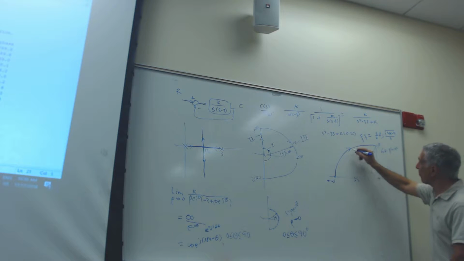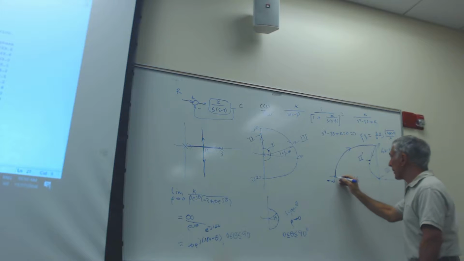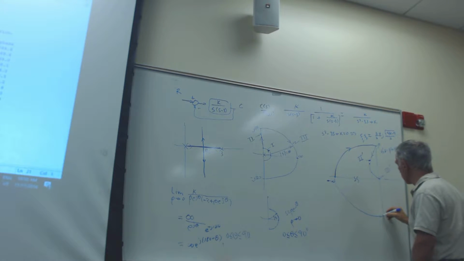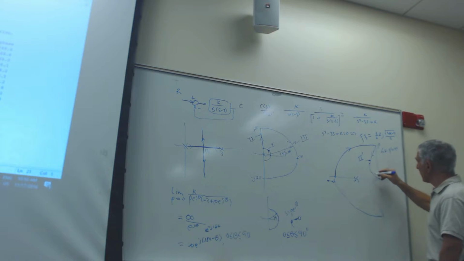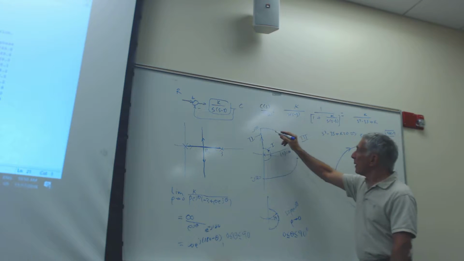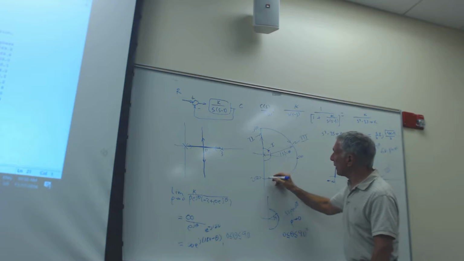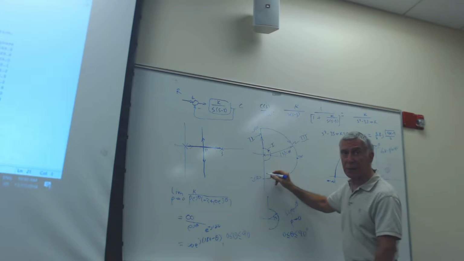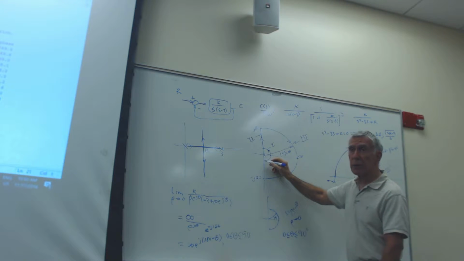So this came up around like that, then it came down like that, and then the complete Nyquist diagram will look like this. After we accounted for points on this infinite radius semicircle, we start up the j omega axis at minus j infinity, and we go up towards 0.